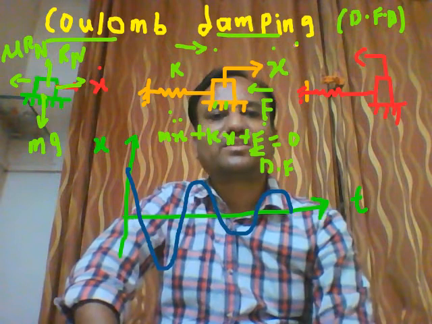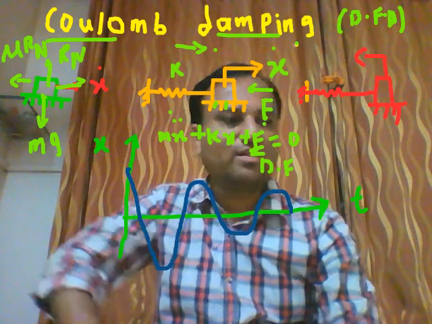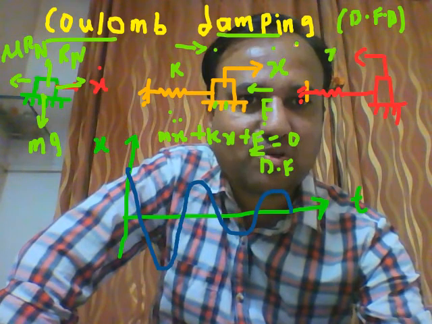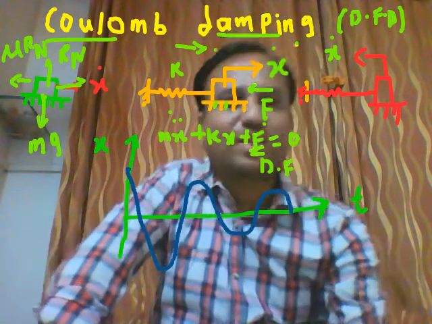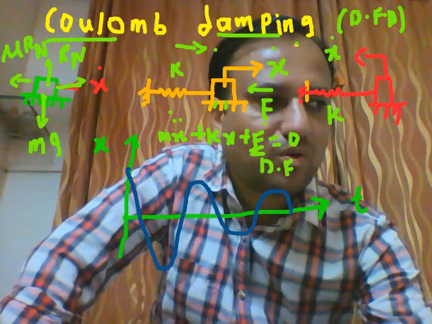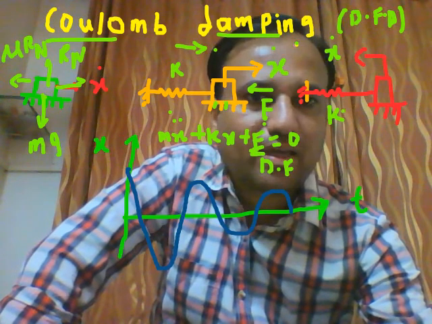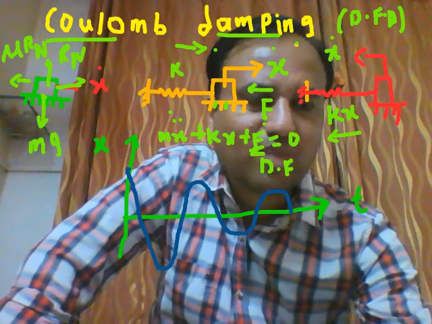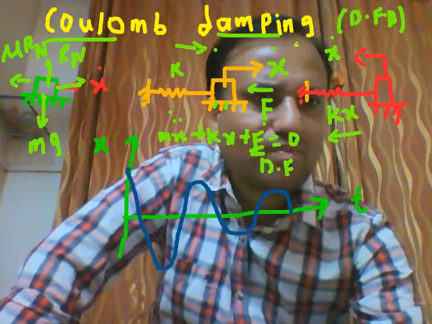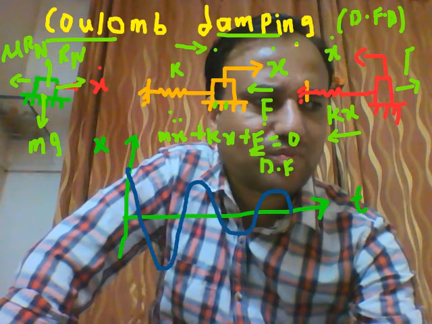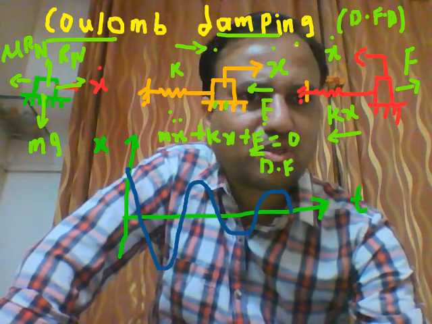Now second case of movement of the body: let this body be moving in a leftward direction. So in leftward direction, let x dot be the velocity. kx is along the motion, F is opposite to the motion, F is the frictional force.